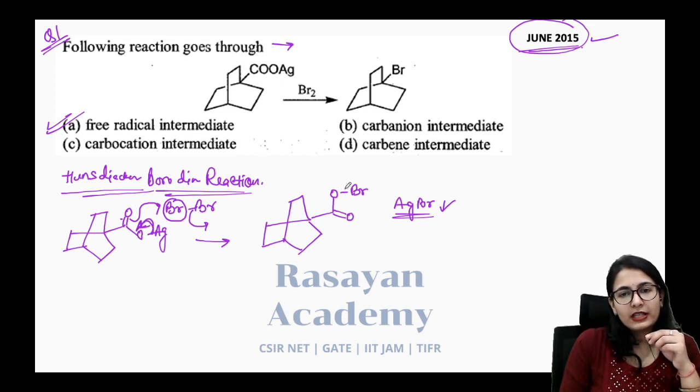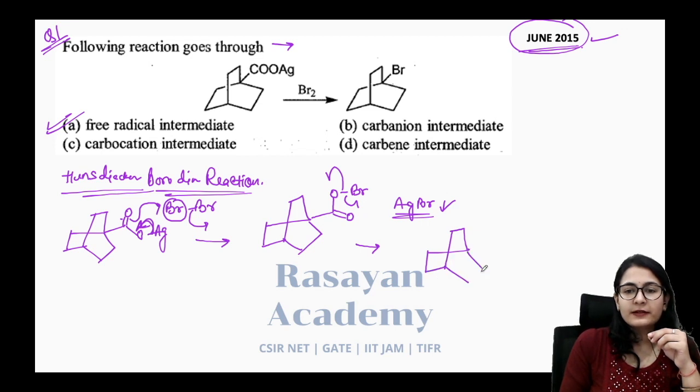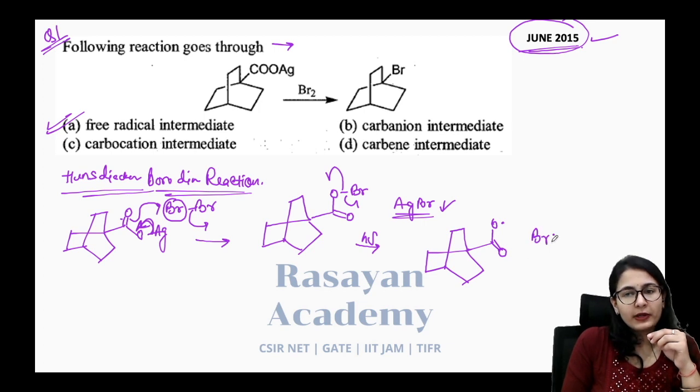Now this bond is basically going to break homolytically, and it gives you a carboxylate radical and a Br radical like this. Okay, so this is what breaks homolytically in the presence of light. Very simple reaction. And you have a free bromine radical. Now what is this bromine radical going to do?